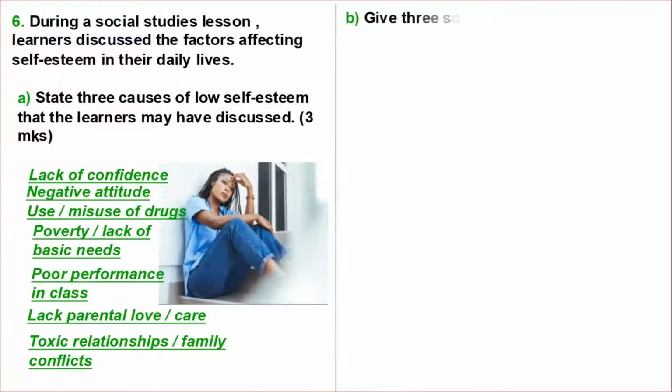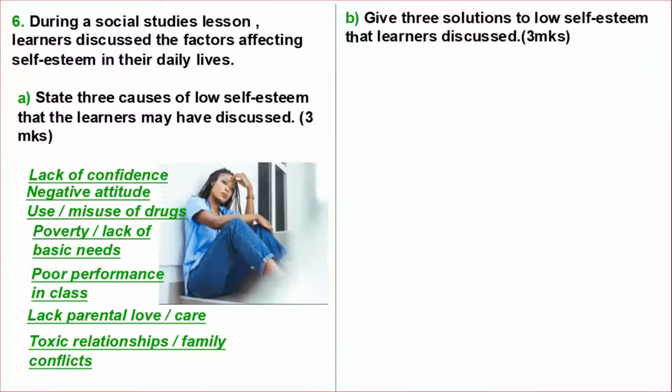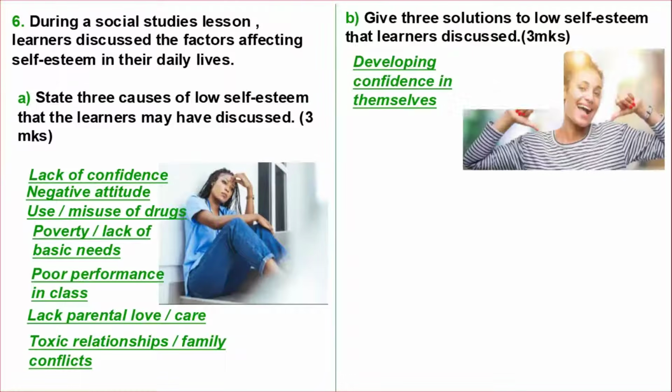So let's go to number 6B. Give 3 solutions to low self-esteem. How can we change this low self-esteem? Number 1, develop confidence in yourself. Developing confidence in themselves boosts self-esteem.